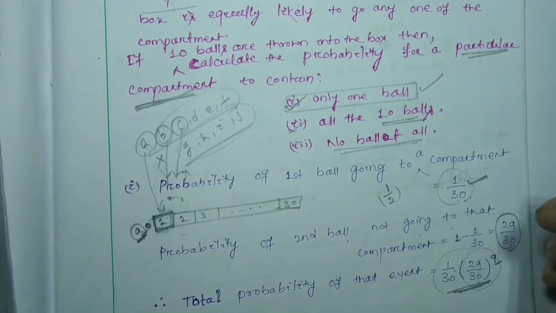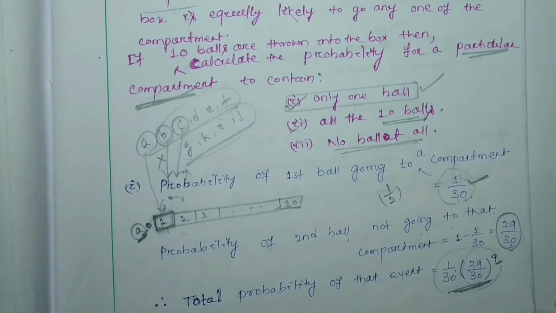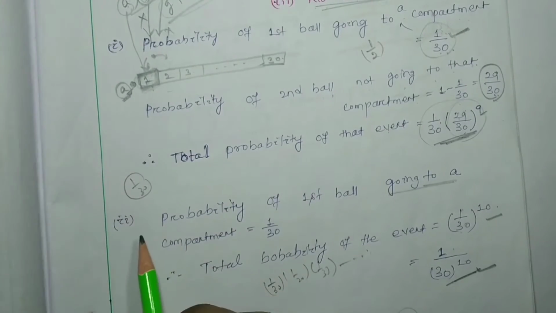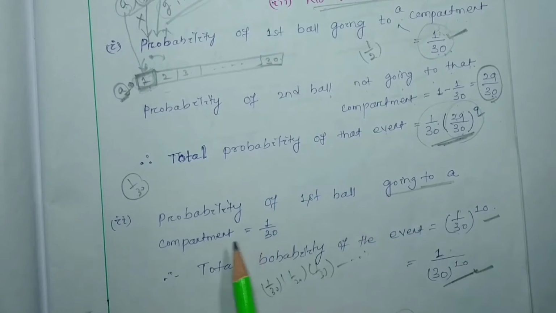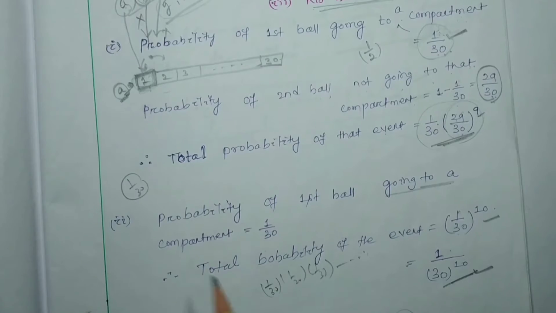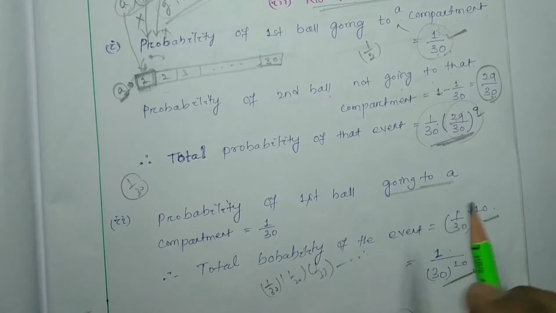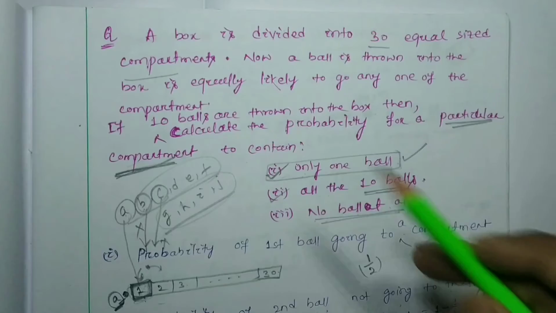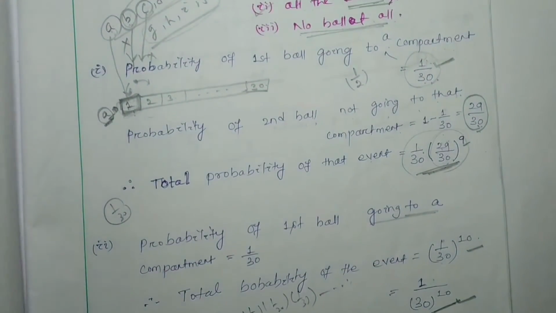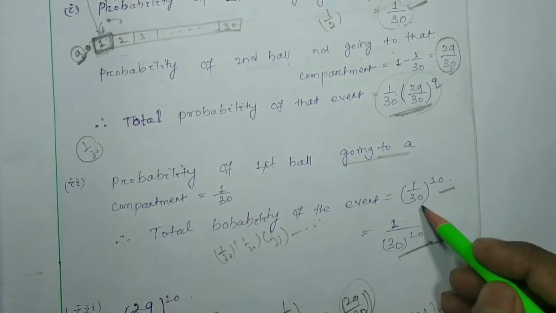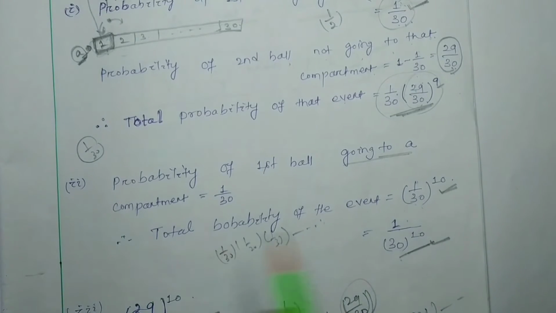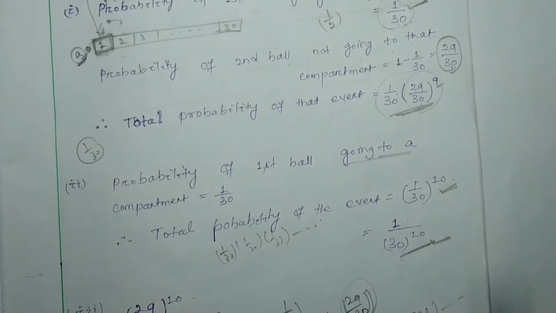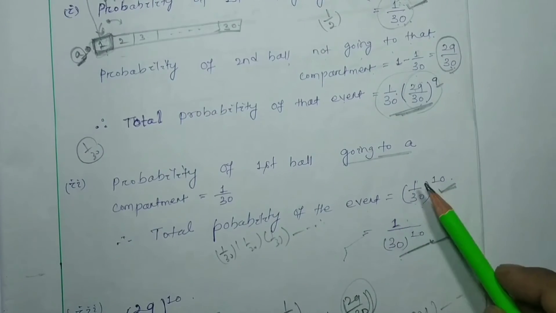Likewise, the probability of the first ball going to a compartment is 1 by 30. Therefore, the total probability of the event, with 10 particles here, will be 1 by 30 to the power 10. So the total probability of the event will be 1 by 30 to the power n.